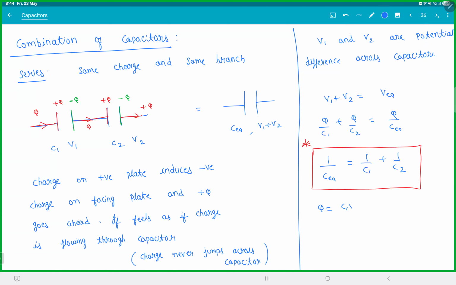Because they have the same charge, C1 V1 is C2 V2, the voltage will divide in the ratio of opposite capacitance. So when they're in series, more the capacitance, lesser the voltage across it. Check this out.